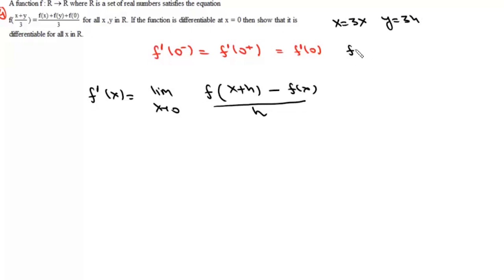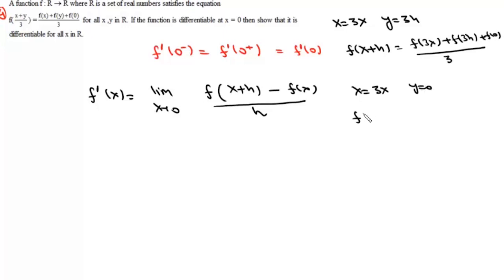Then we can write f(x plus h) will be f(3x) plus f(3h) plus f(0) upon 3. And in the same way we put x as 3x and y as 0, we can write f(x) as f(3x) plus 2f(0) upon 3.